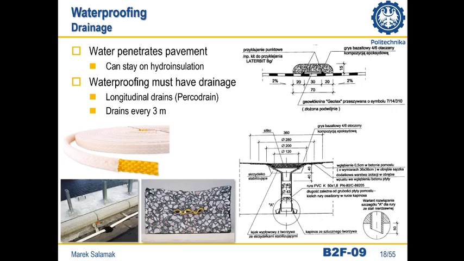The drainage consists of longitudinal drains, like the finished perco drain visible here, or the in-situ drain of geotextile and basalt grit surrounded by an epoxy composition. In the vertical, water from the pavement is further removed by small filters with a diameter of several centimeters, spaced approximately every 3 meters.